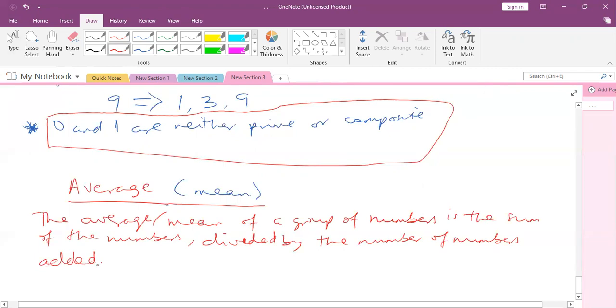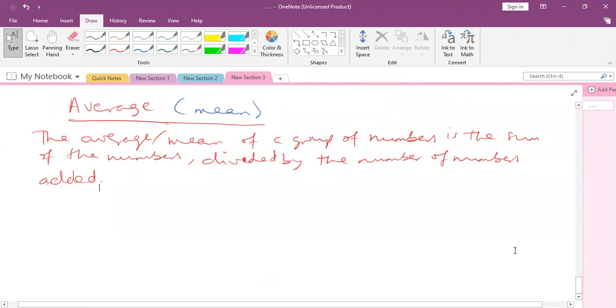In other words, you add all the numbers and divide by how many numbers you have in the data set.